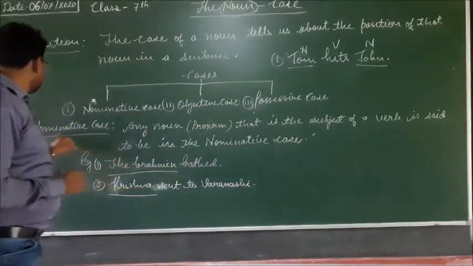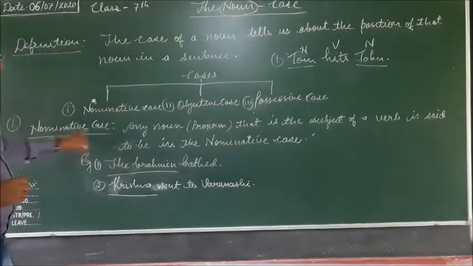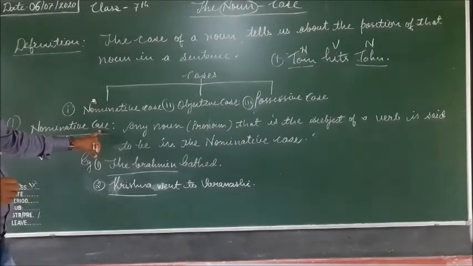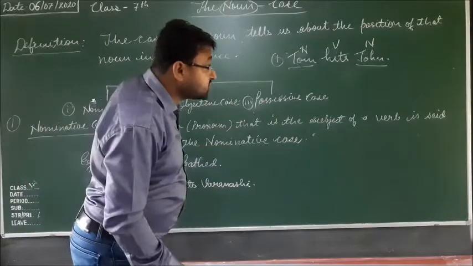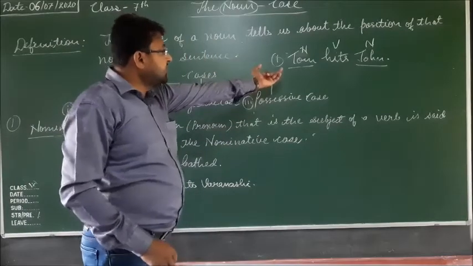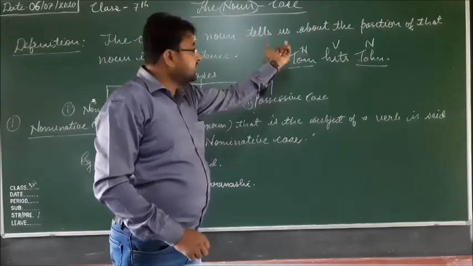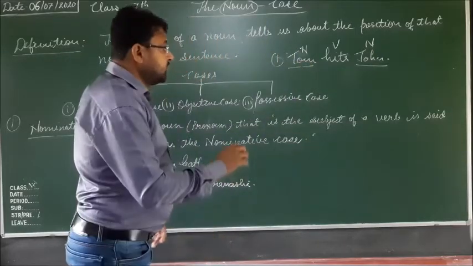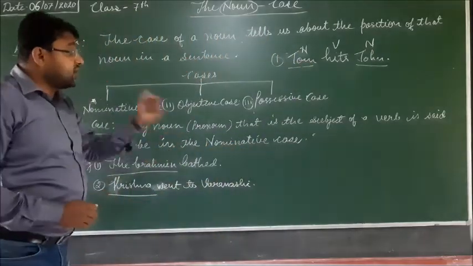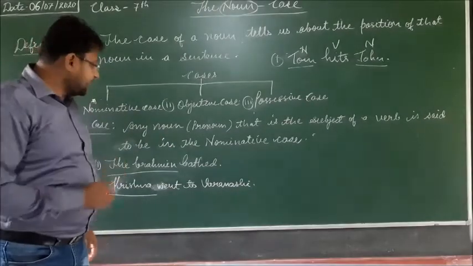First of all, we will see the nominative case or subjective case. Any noun or pronoun that is the subject of a verb is said to be in the nominative case or subjective case.